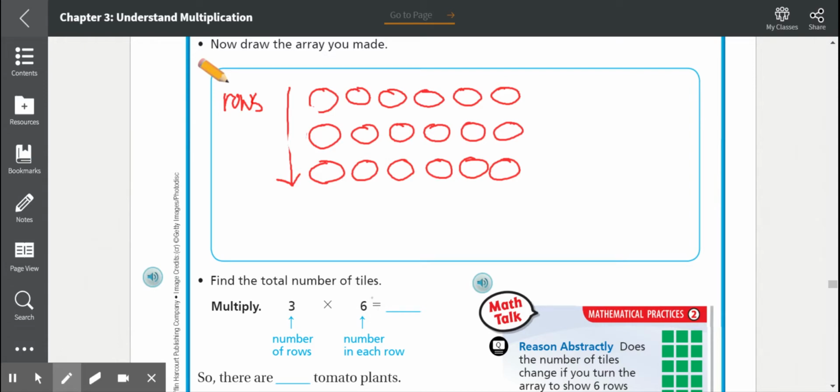Or we could count all of these, or we could count by 3s, or you could count by 6s. Let's just first count each one. So we know that this first row is 6. So this would be 7, 8, 9, 10, 11, 12, 13, 14, 15, 16, 17, 18. So there are 18 tomato plants.